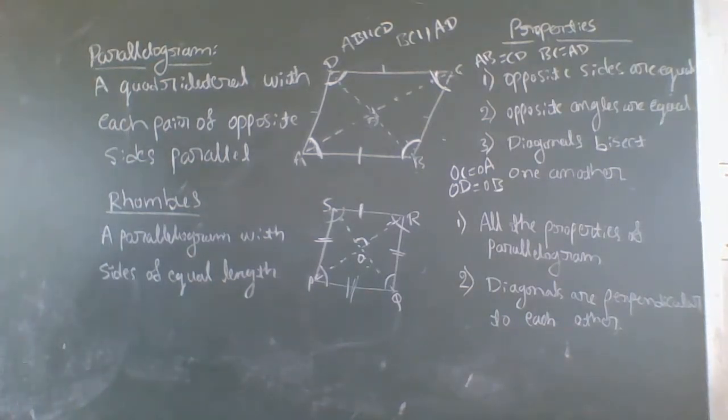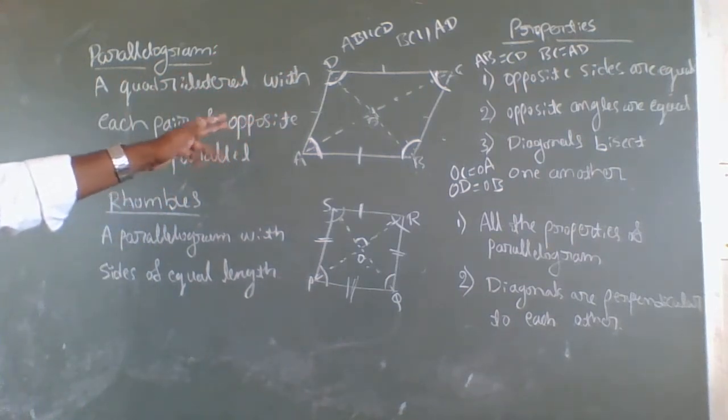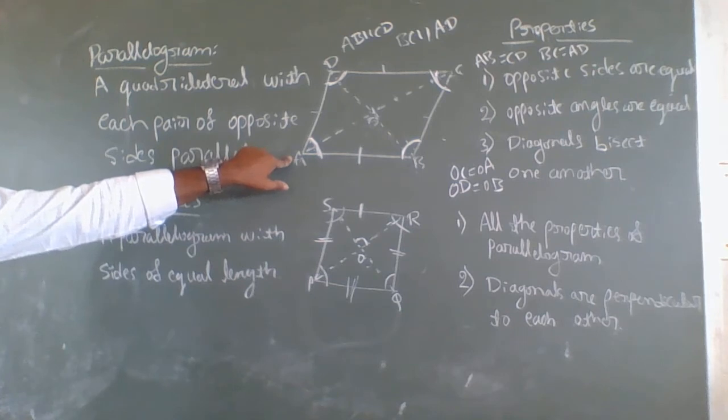So first one is the parallelogram, where opposite sides are parallel to each other, and the important properties are that opposite sides are equal, opposite angles are equal, and diagonals bisect one another.